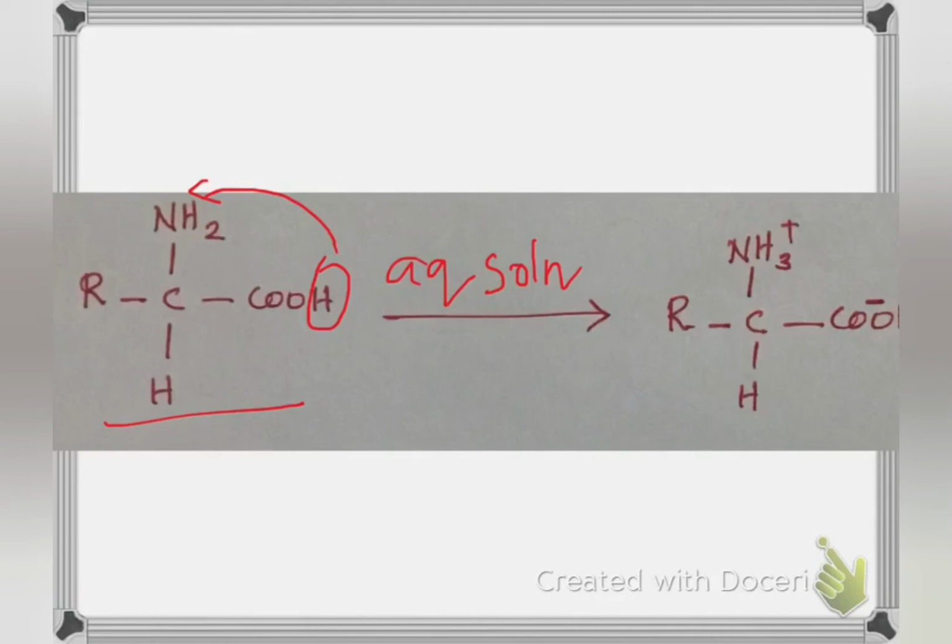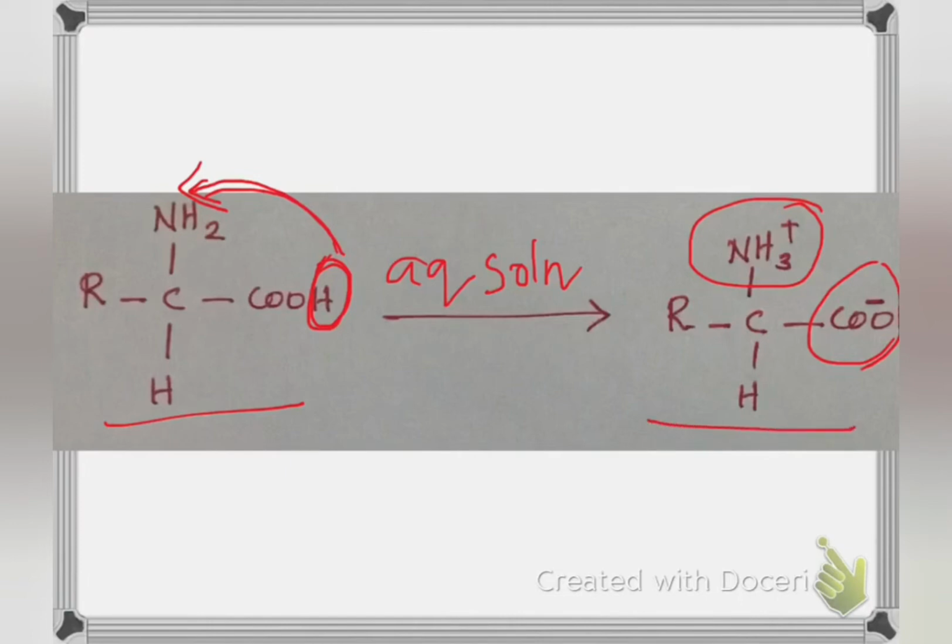So the amino group becomes NH3 plus and the carboxyl group becomes COO minus. So here the NH2 accepts a proton from the carboxyl group. The NH2 group is the proton acceptor and the COOH group is the proton donor.